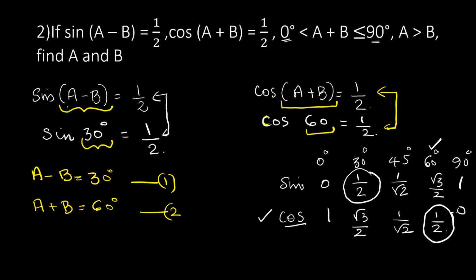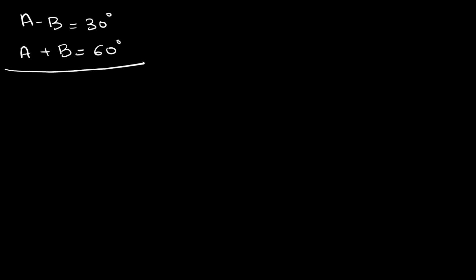Now we got two equations, and from these two equations we can find A and B. That is A minus B equal to 30 degree and A plus B equal to 60 degree. Add equation 1 and 2.